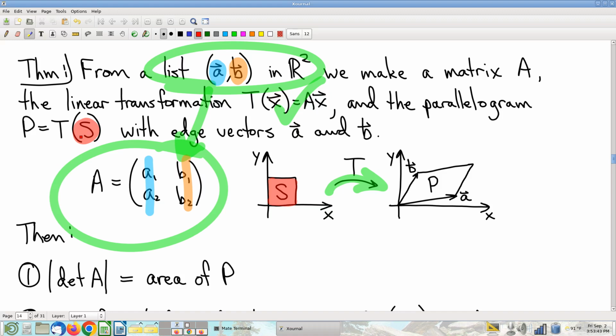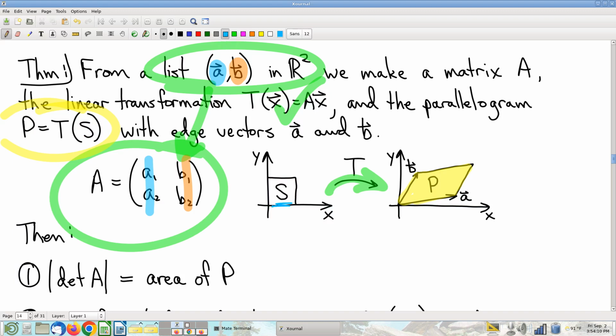What comes out is going to be a parallelogram. And specifically, something very natural that you can say about this parallelogram is that we know what the edge vectors are. We'll use blue here. That's fine.